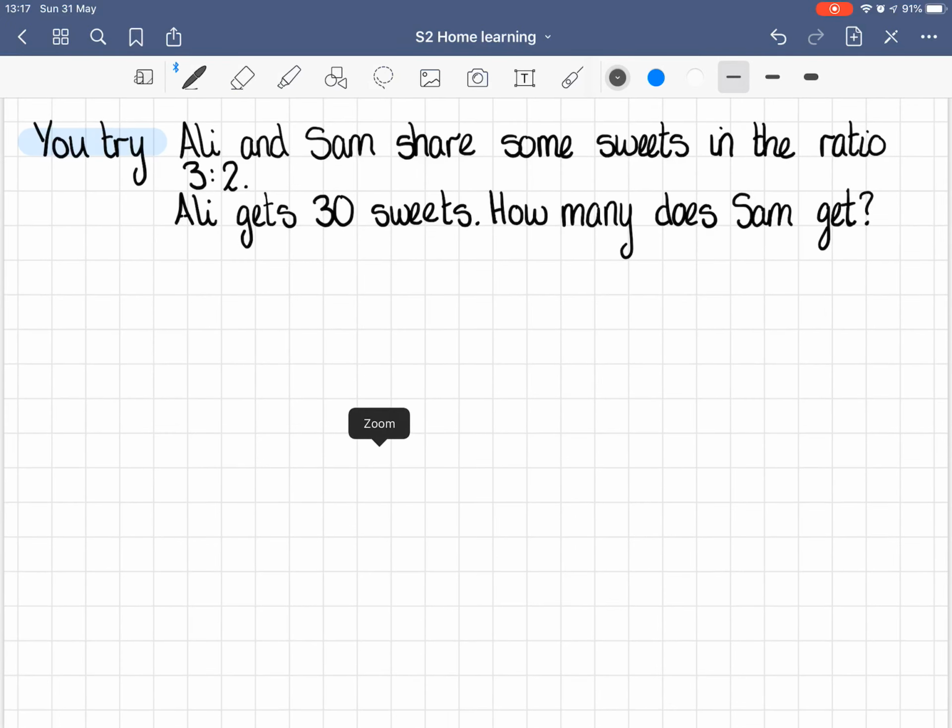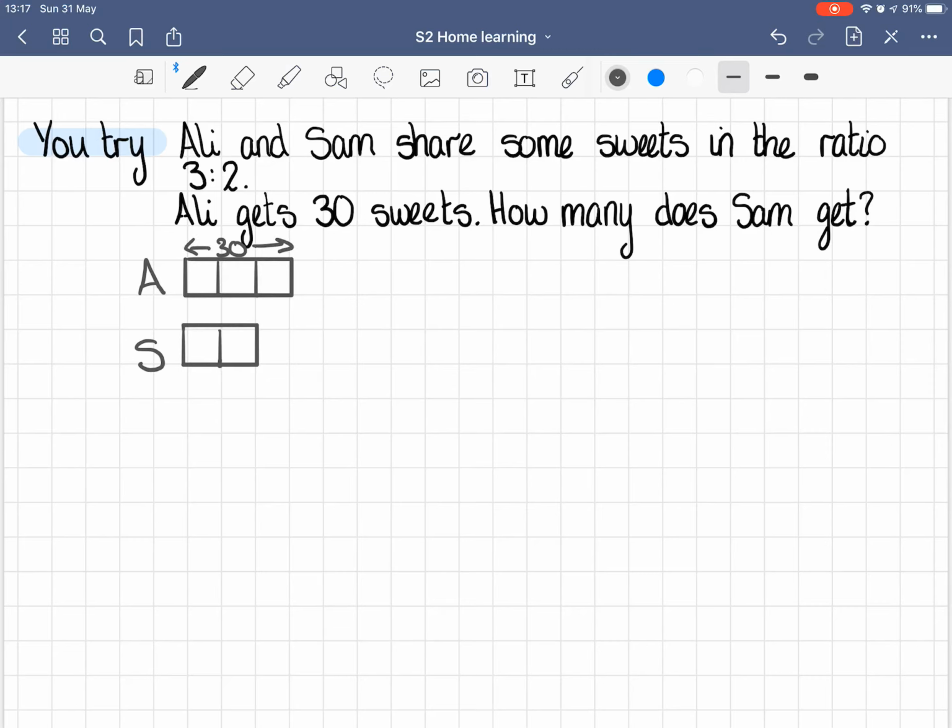Now, have a go of this question. So again, Ali and Sam are sharing in the ratio 3:2. 3 parts for Ali, 2 parts for Sam. I know that Ali has 30 sweets.